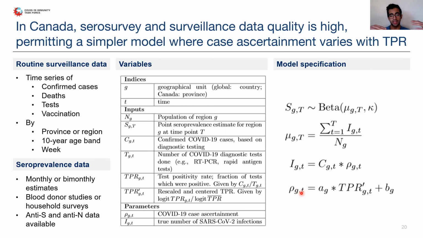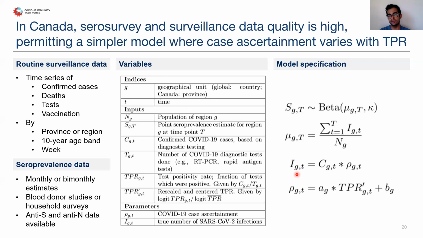And we let this extent of ascertainment, or the ratio between the true number of infections and the number of recorded cases in that region, vary according to the test positivity rates, and also group or province-specific slopes and intercepts on that ascertainment. And then secondly, we say that infections in a certain province and at a certain time point are equal to the number of confirmed cases times that ascertainment.